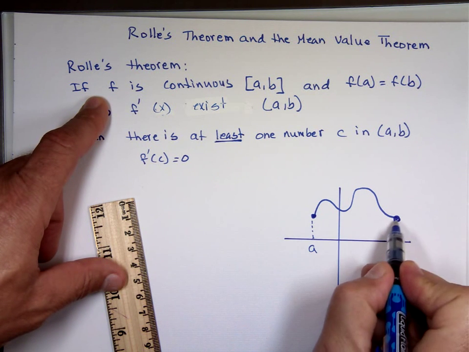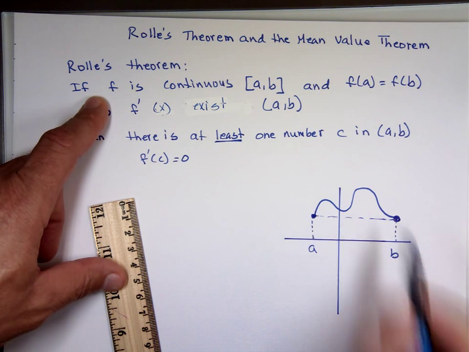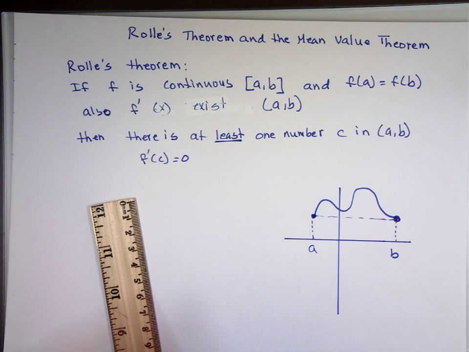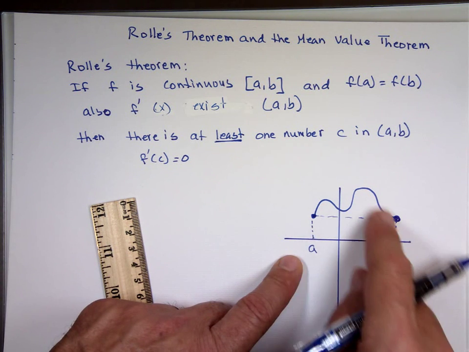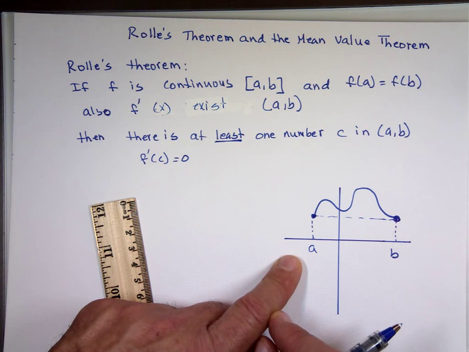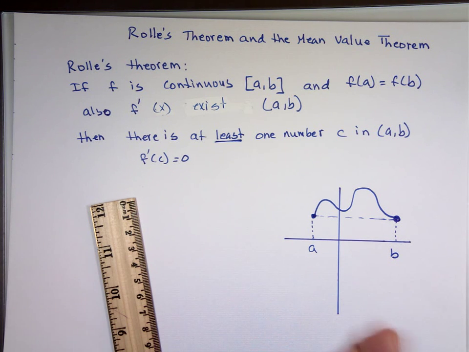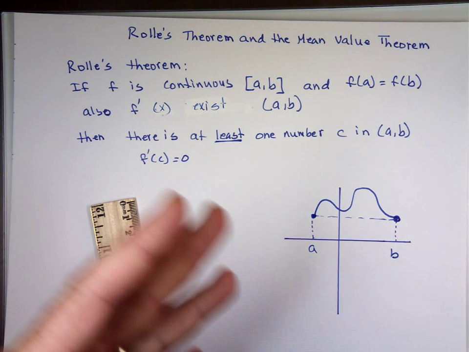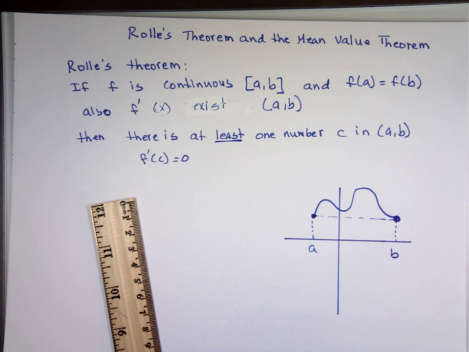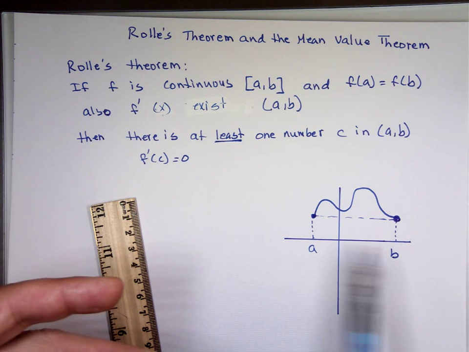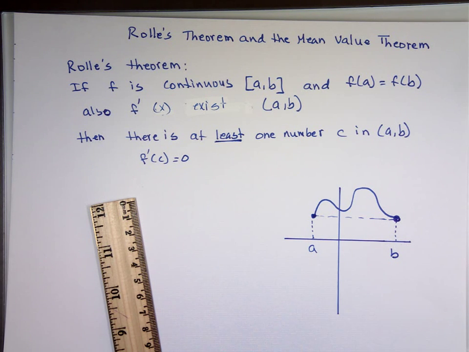F of A is equal to F of B. Notice that's the same height. And this function has a derivative from A to B. You don't see any V's in it, no sharp edges, no holes in it. So there's a derivative. Since we met all three criteria, it says there must be at least one value between A and B. Has to be at least one number where the derivative is 0.